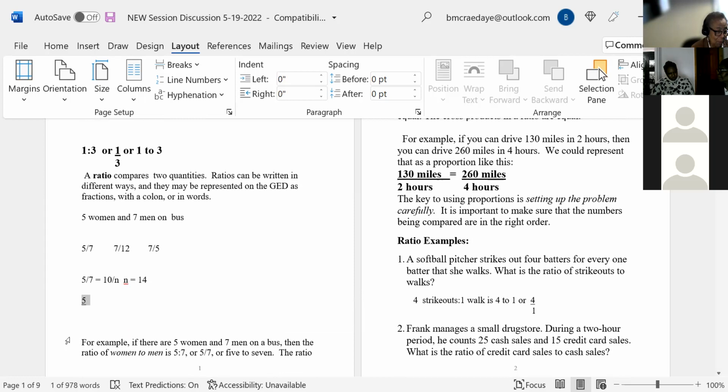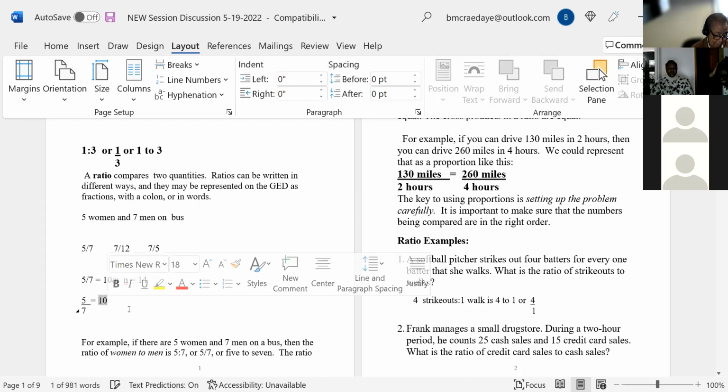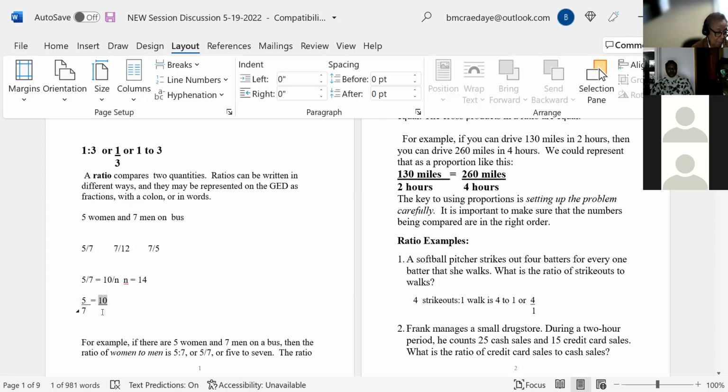All right, that's the proportion. When I say proportion, that's what that is. 5 over 7 is equal to 10 over n. Right?